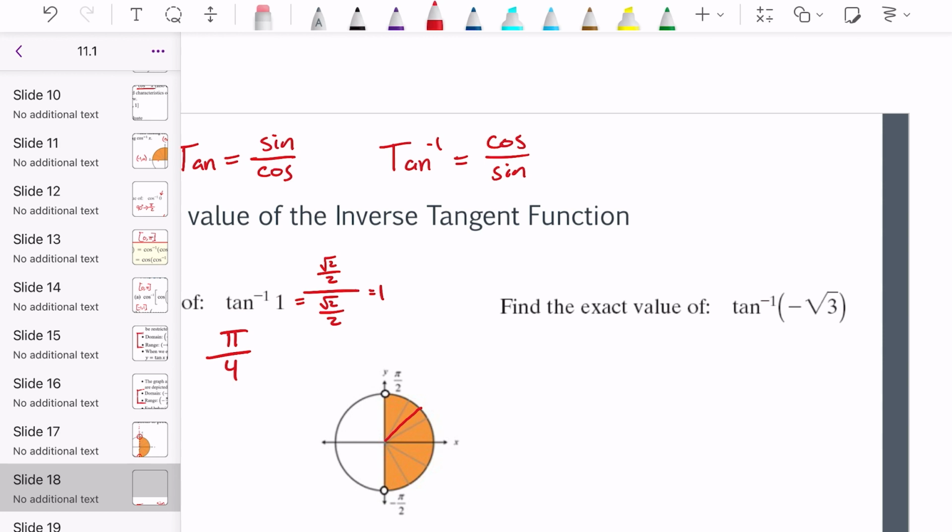Let's take a look at our second sample problem. We have the inverse tangent of a negative square root of 3. Keep in mind, if we are working with the inverse tangent, this means that we're really going to be taking a look at our cosine being divided by our sine. Now, in order for that to happen, we have to take a look at the values that we would end up with.